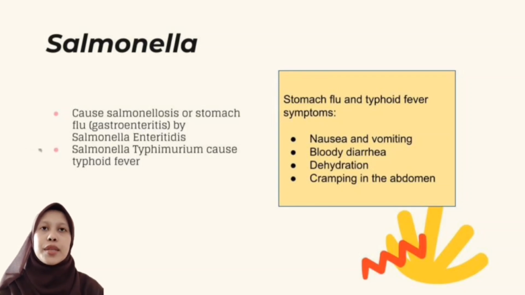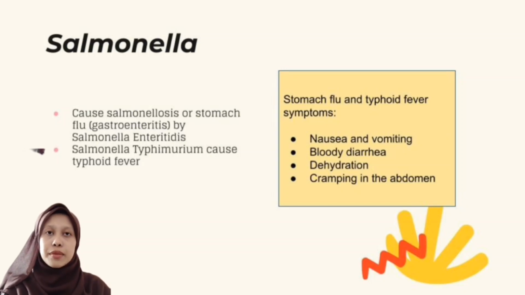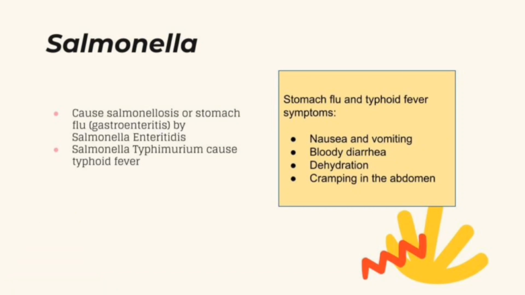These are the symptoms of stomach flu and typhoid fever. First, nausea and vomiting. Second, bloody diarrhea. And third, dehydration. The symptoms occur from 6 hours to 7 days, and if the person does not get treatment, it can be fatal.